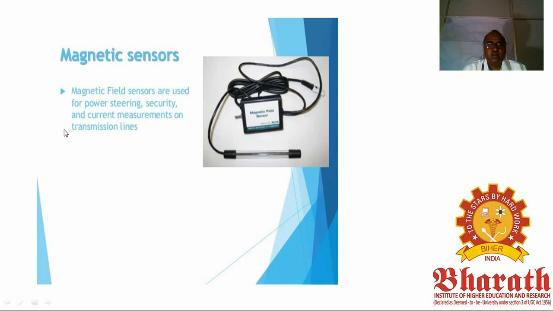Since all current results in magnetic flux around it by Ampere's law, they can also be used for current measurement, especially contactless current measurement on high current transmission lines.